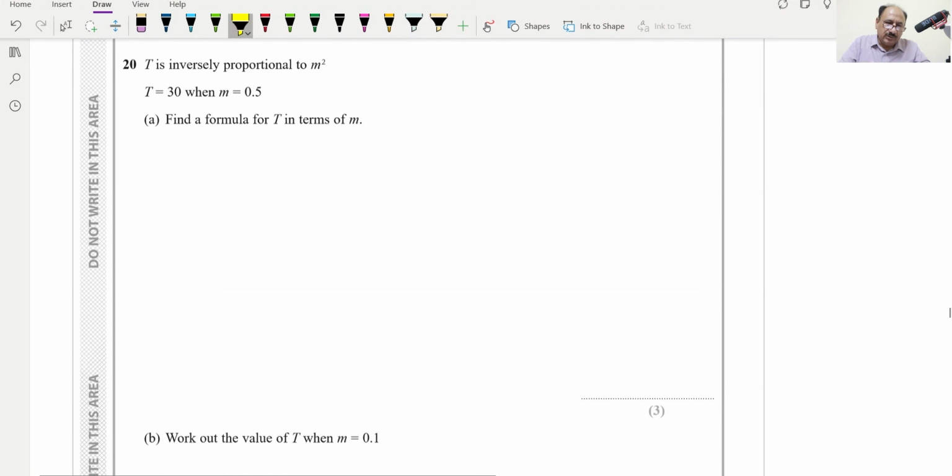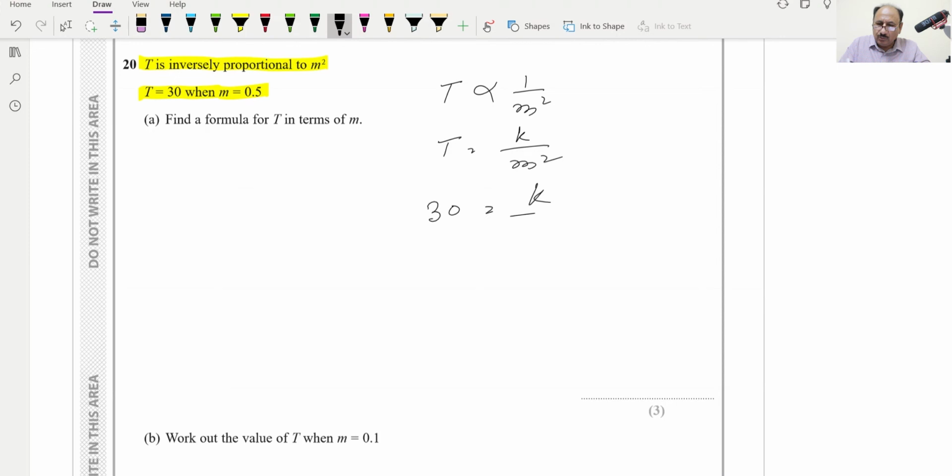Now question number 20: T is inversely proportional to m squared. So we can write T is equal to K over m squared. Next, T is equal to 30 when m is equal to 0.5. So 30 is equal to K over 0.5 squared.